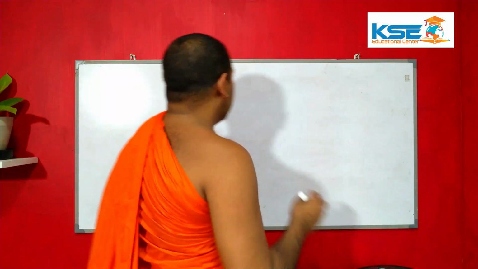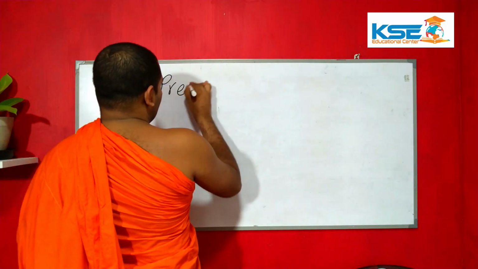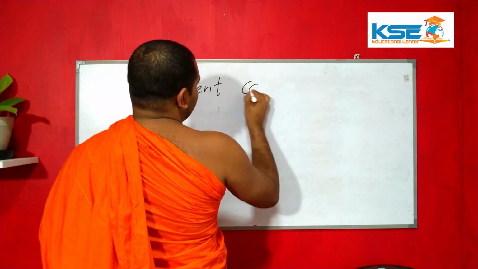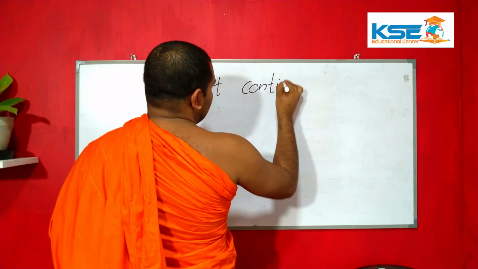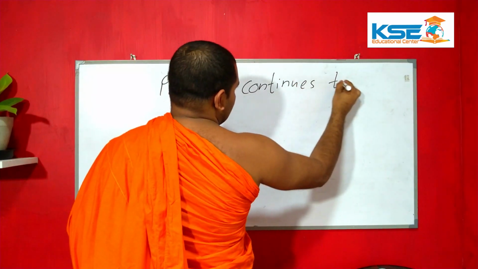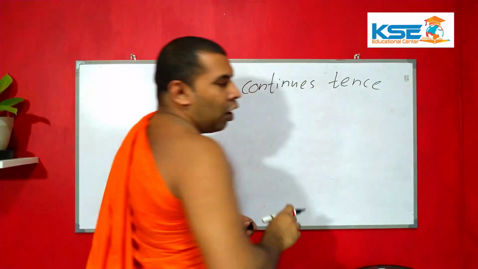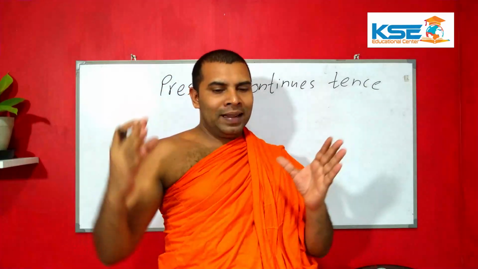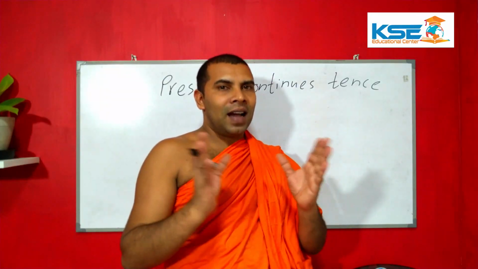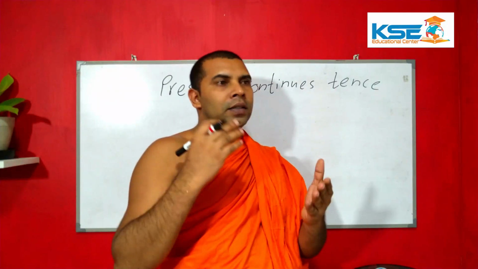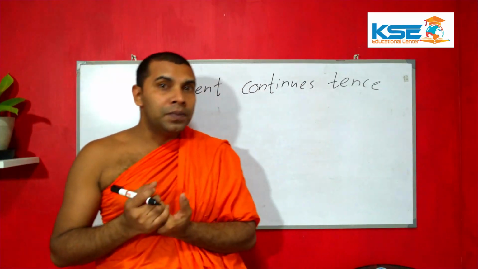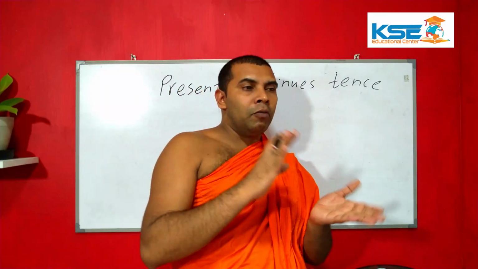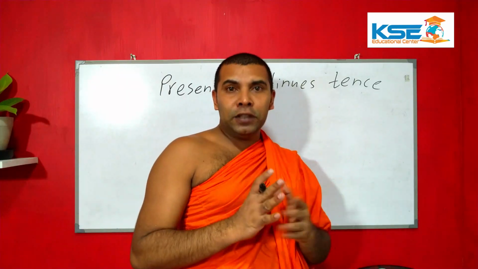So today I'm going to teach you about present continuous tense. We have to see the drill, especially when there is a sentence starting with a subject, and after that a verb, and it's continuing with the ing form.